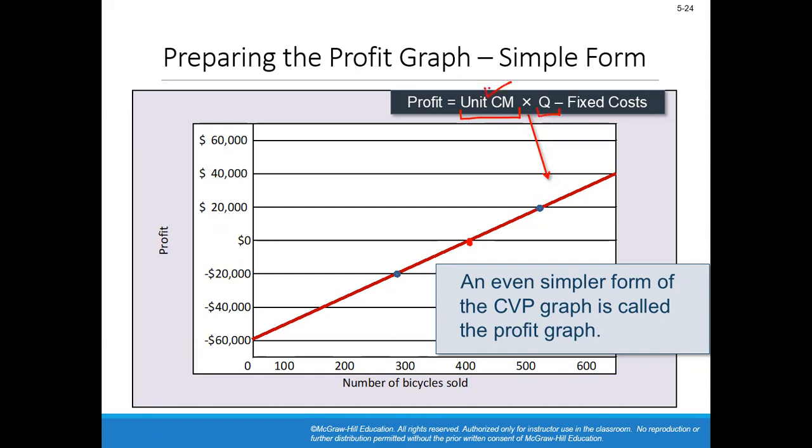We can take the unit contribution margin, which is 500 minus 300. This is the unit contribution margin, and we can multiply this by, say, 400 units. And if we subtract 80,000 fixed expense, we get profit equal to 0.